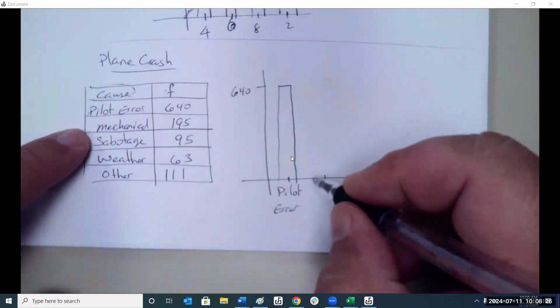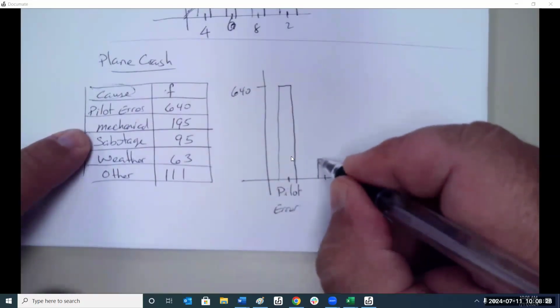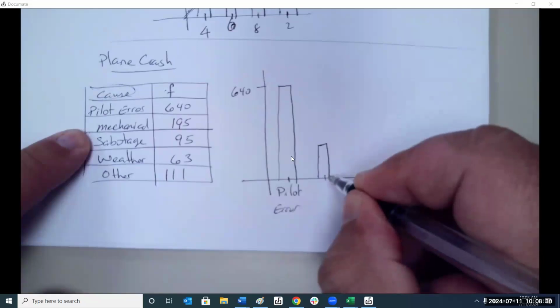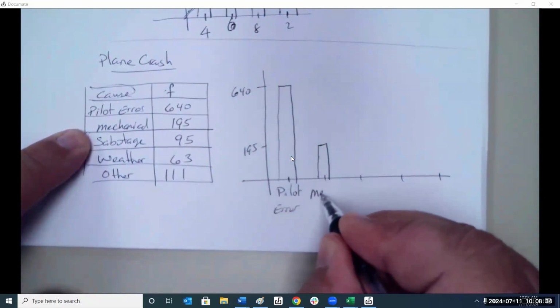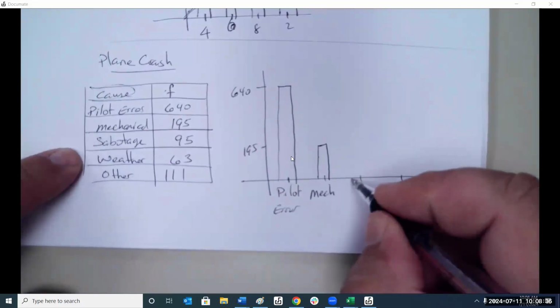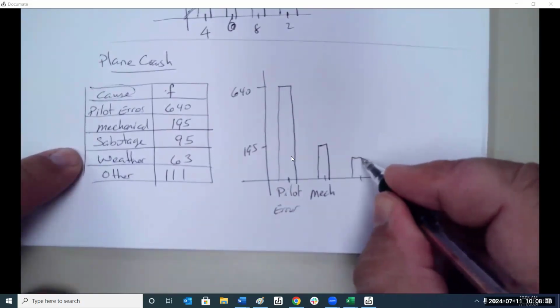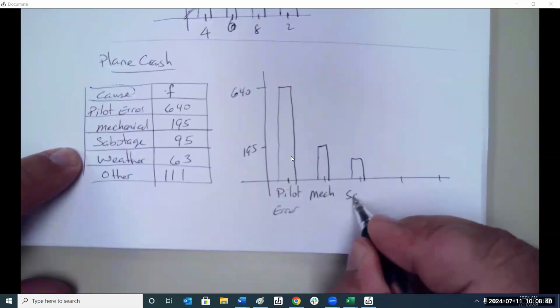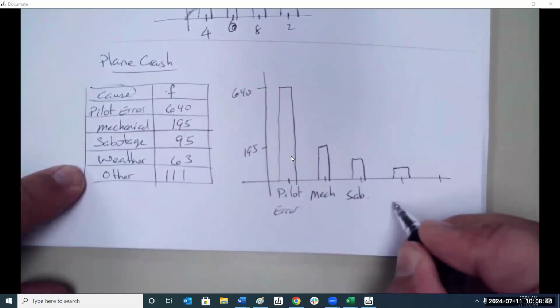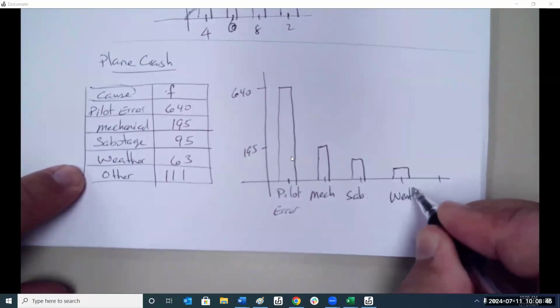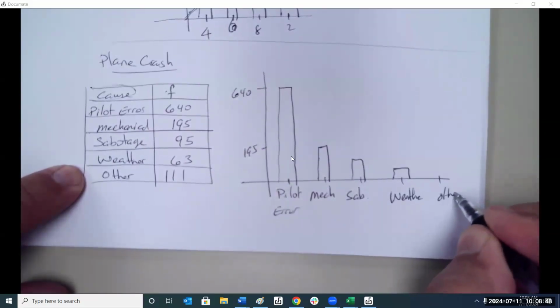The next one is mechanical, and it's only 195. After that is sabotage, weather, and then other.